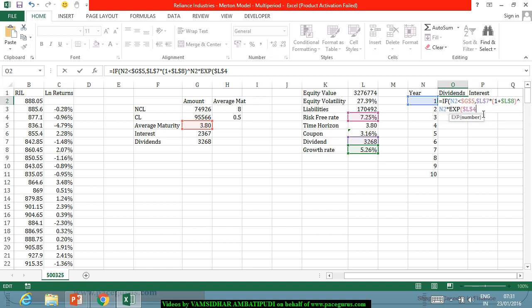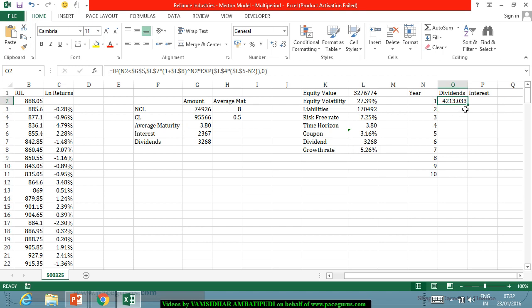And T is the time to maturity, but I need to subtract this one because this is the dividend that I am getting after 1 year, so it would be invested only for the remaining 2.8 years. So the T I will be taking as something like this. So that will come out if the value is less than this, otherwise I'll take it as 0. Now going with it, the dividend here is going to be this much. So for the 3 years, the dividend is going to be something like this.